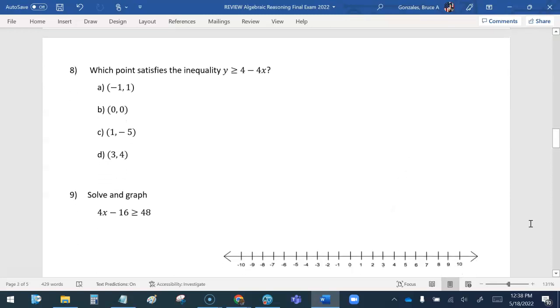All right, which point satisfies the inequality? Okay, so remember, what we do is we plug in these points, okay, x and y into this function. So y is 1, greater than or equal to 4 minus 4, and then x, negative 1.